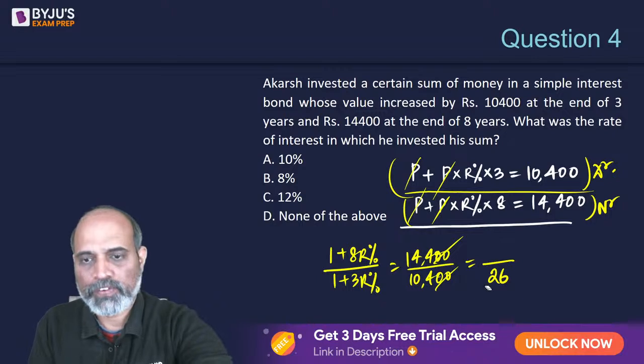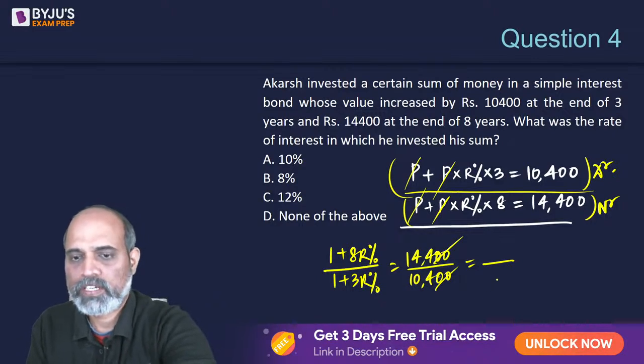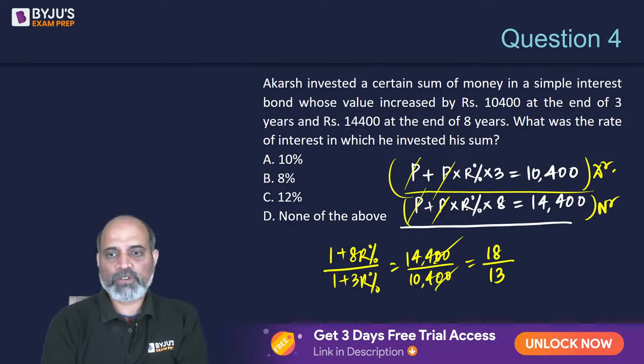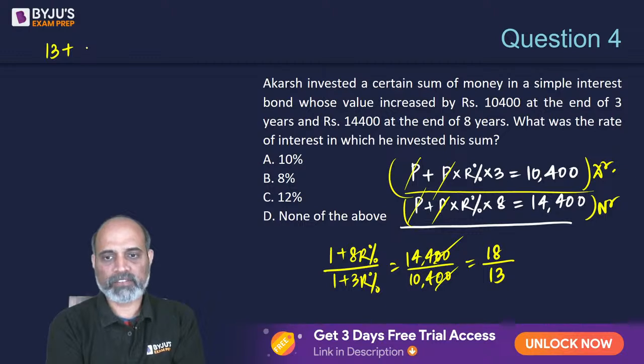Actually, we can get rid of 8. So 13 into 8 is 104. And if we talk about 8, 18 into 8 is 144. Now, if we cross multiply, we will get 13 plus 8 into 13.